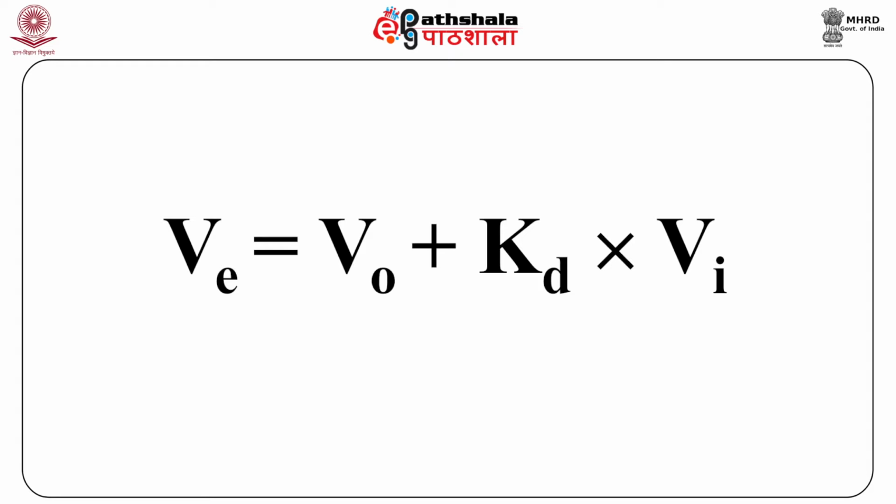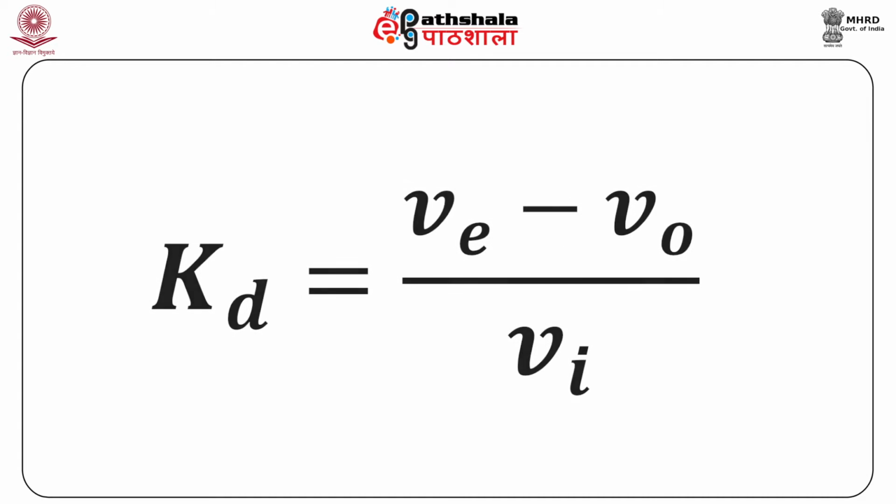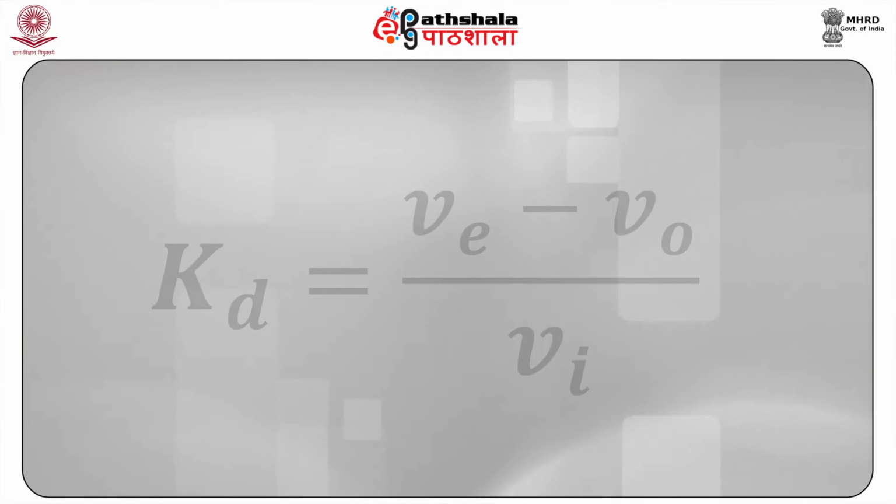Vi is the volume of the mobile phase which is present inside the gel particles and can be calculated from the relationship Vi = A × Wr, where A is the dry weight of the gel and Wr is the water regain. Kd is the fraction of Vi accessible to the particular compound, and we get Kd = (Ve − V0) / Vi.